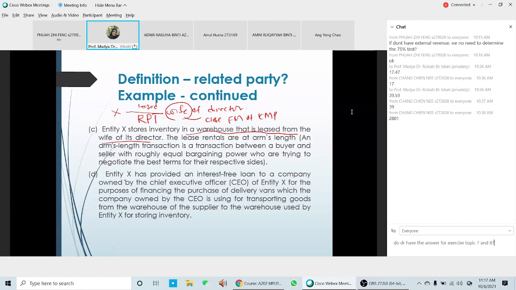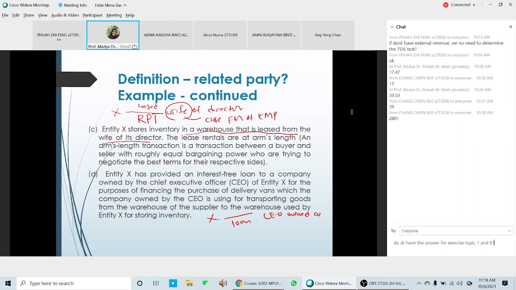The wife of the director is a close family member of key management personnel. And then entity X provided an interest loan to a company owned by the CEO.